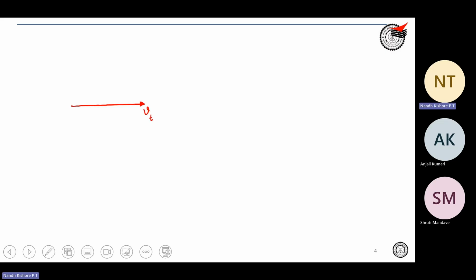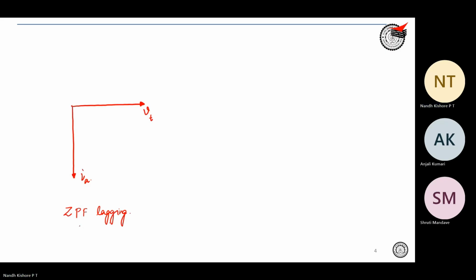Now if your armature current is 90-degree lagging, this is your zero power factor lagging condition, ZPF lagging, where your armature current lags voltage by 90-degree. So your IA is 90-degree lag.